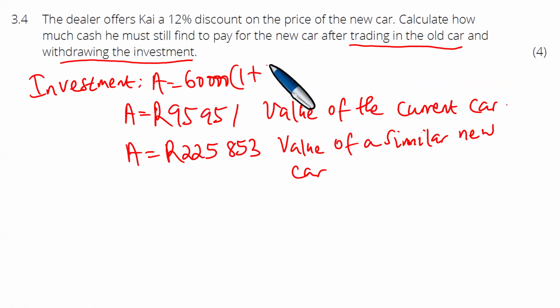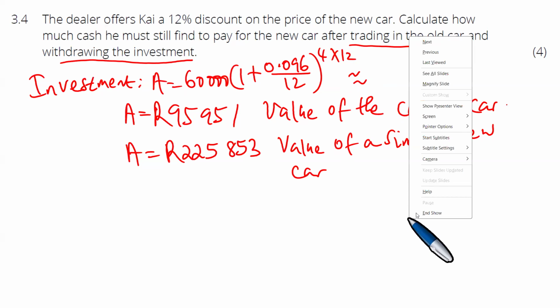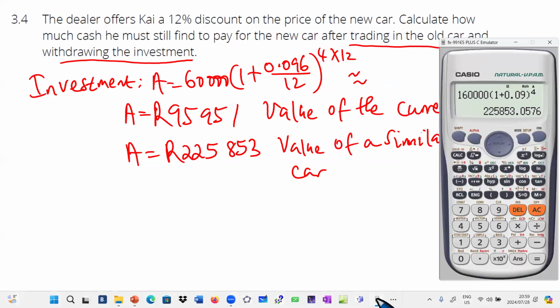Now, look, 9.6%, which means 0.096, but it's compounded monthly. So if it's compounded monthly, then you divide by 12. 4 years times 12. Meaning the investment of 60,000 is going to grow in value. So that money is not going to remain 60,000 after some years, but it's going to increase in value.